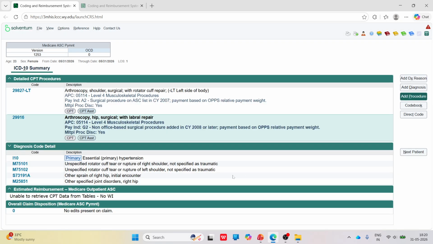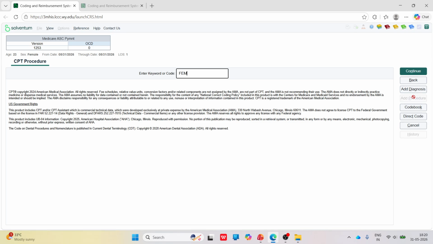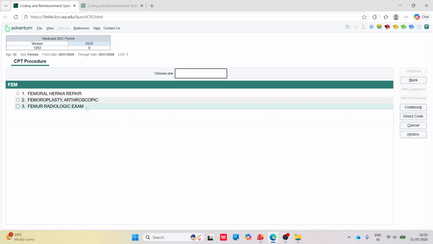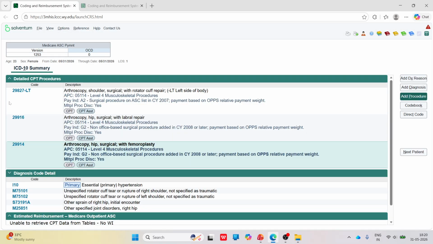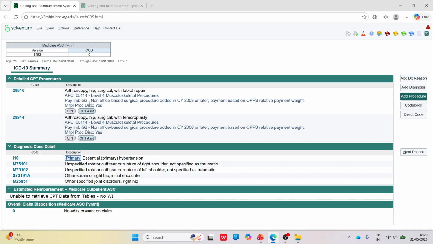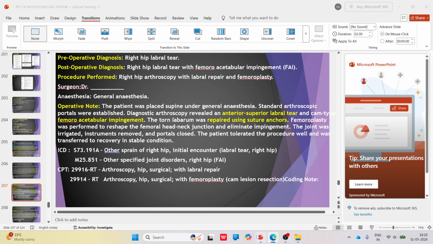Okay. Next, another procedure is femoroplasty, arthroscopic. So these two procedures will be there: arthroscopic hip labral repair, and arthroscopic hip surgical femoroplasty, that is cam lesion resection. Okay, so this is the navigation of the hip arthroscopic procedures.